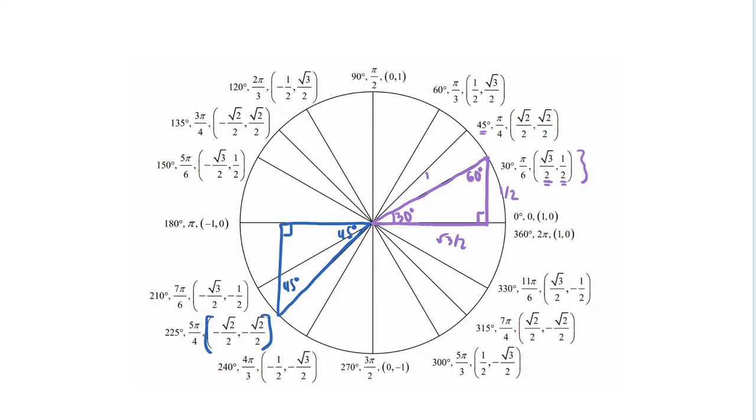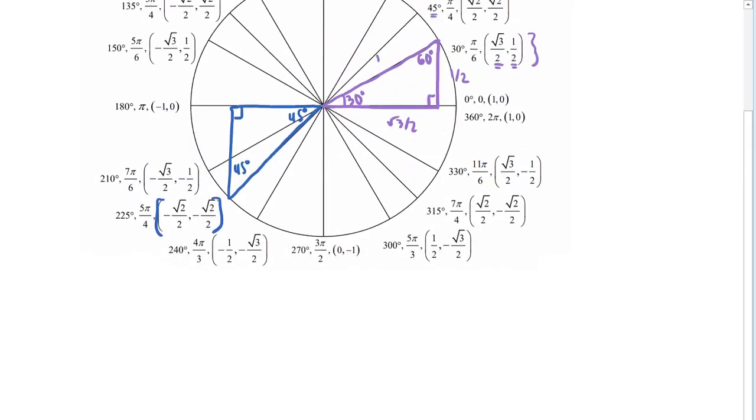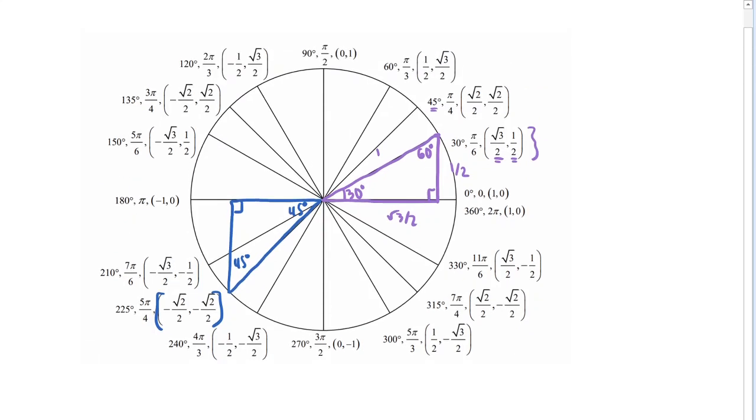But really what this boiled down to was making sense of this 45, 45, 90 triangle. And so again, the main idea is get comfortable with these triangles, recognize how you can fit them in, and pay attention to what the signs of each coordinate should be based on where you're looking at in your coordinate plane.